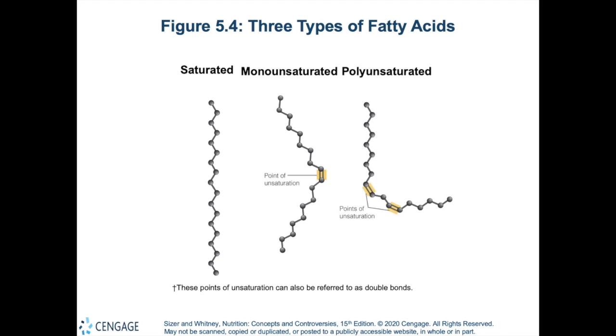And what that means is that it actually confers a change in shape and structure in that fatty acid chain. Polyunsaturated fatty acids have 2 or more points of unsaturation, 2 or more double carbon-to-carbon bonds, conferring even more of a change in structure and shape.